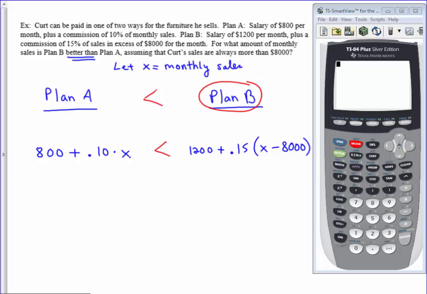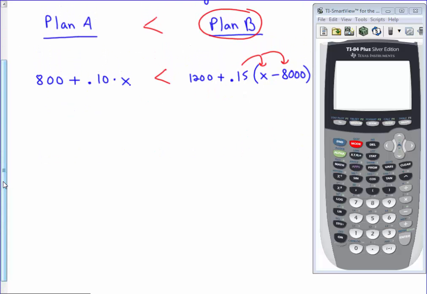So we know the inequality symbol goes this direction. From here, we want to solve. We see the parentheses on the right, which means the 0.15 needs to be distributed. Everything else will remain the same for now.